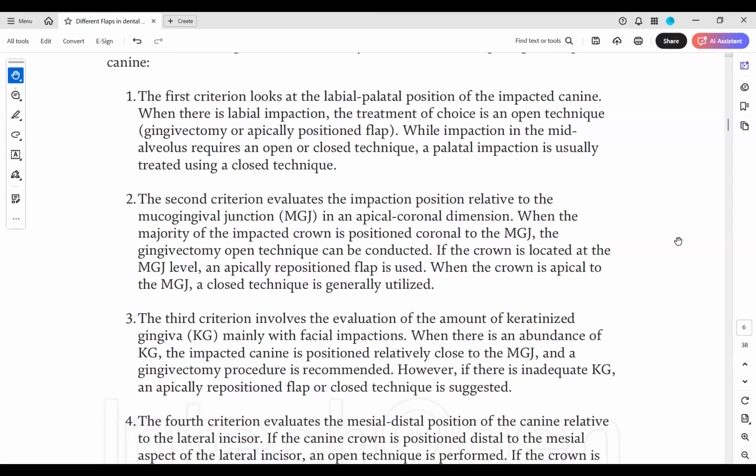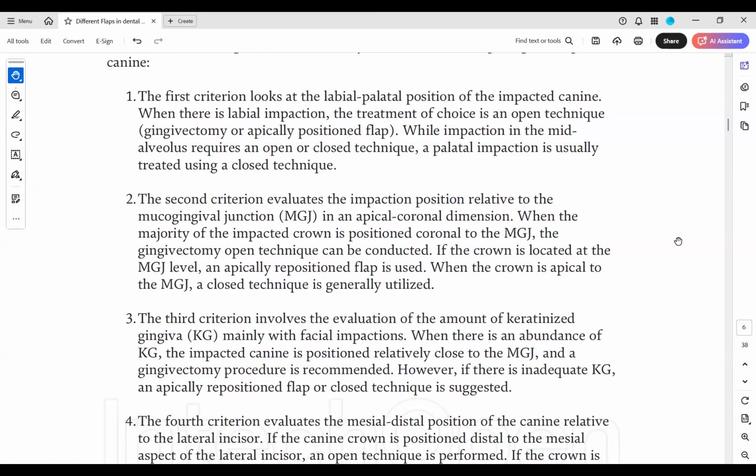Clear for everyone? Because there was no attached gingiva. So to preserve the gingiva, you will do a closed technique in deep impactions and where the canine is located far apical to the mucogingival junction. So this is an important criterion to determine whether an open technique or a closed technique is being done.